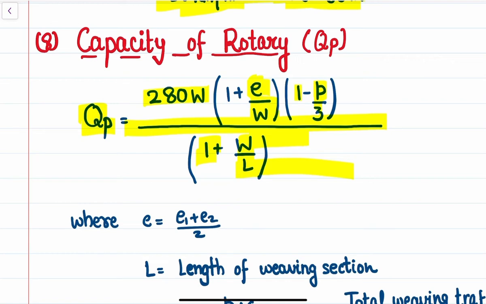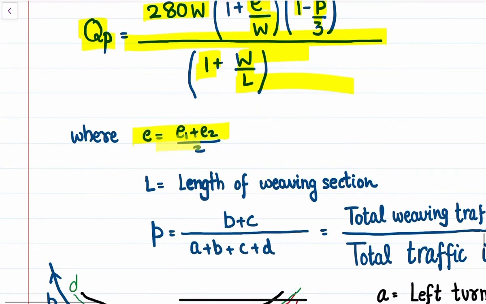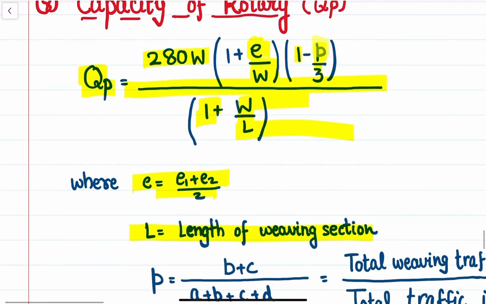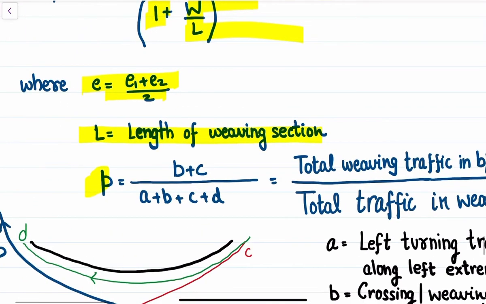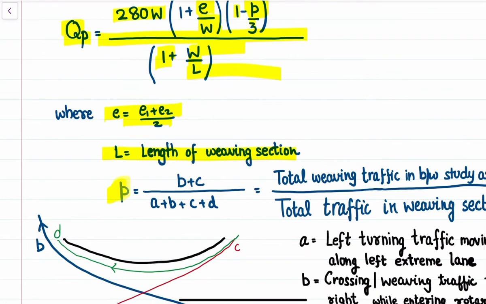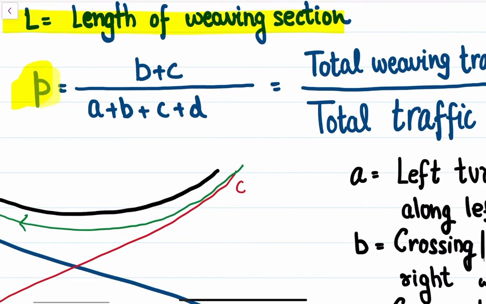P is the new term that we are discussing. P is what we call the weaving ratio, which is equal to (B plus C) divided by (A plus B plus C plus D).